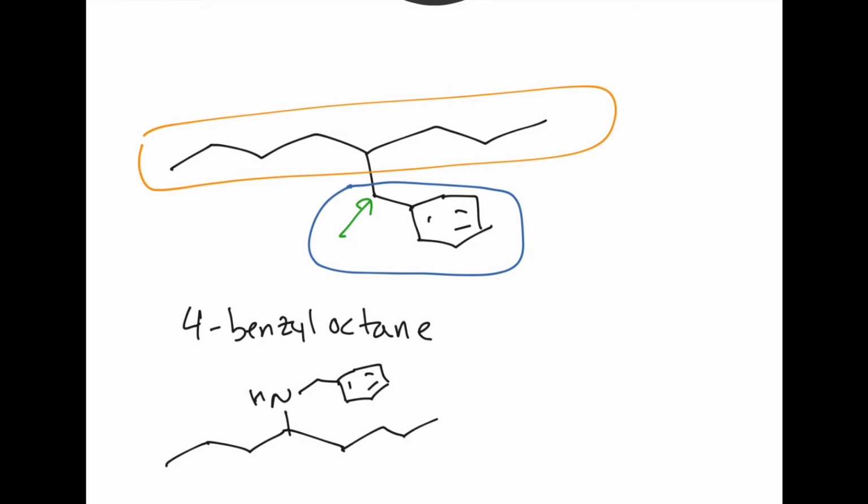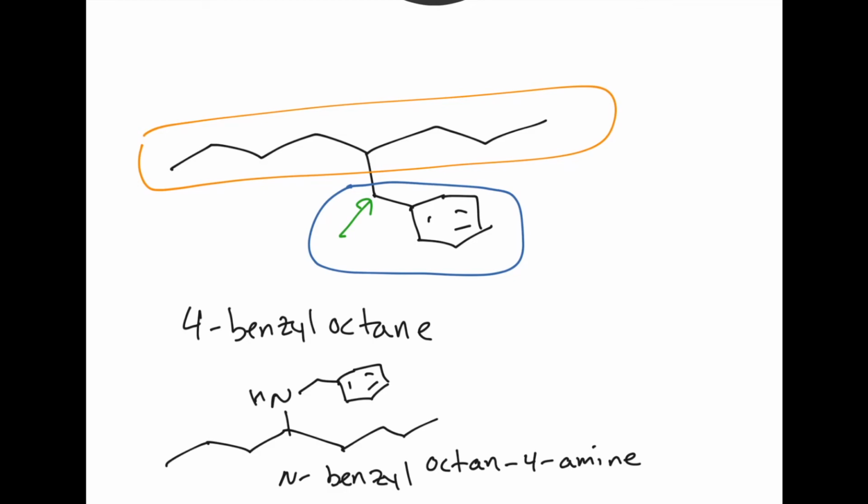Right, so here this would be 1, 2, 3, 4, 5, 6, 7, 8, 8 again. So this would be octane amine. And on the nitrogen, you have a CH2 and a benzene ring. So this would be N-benzyl octane amine.